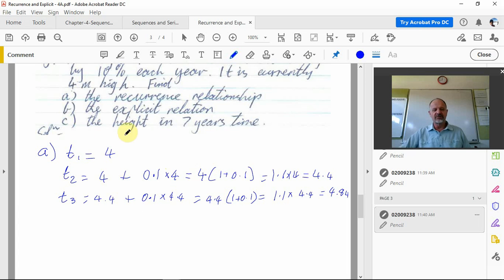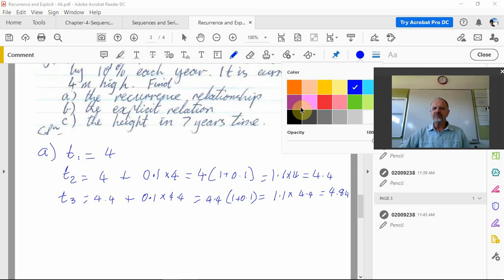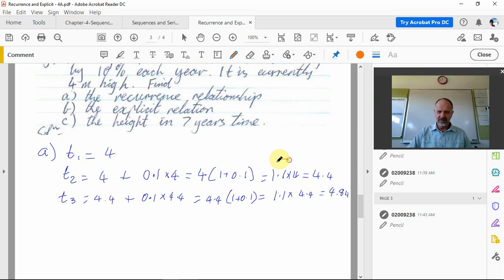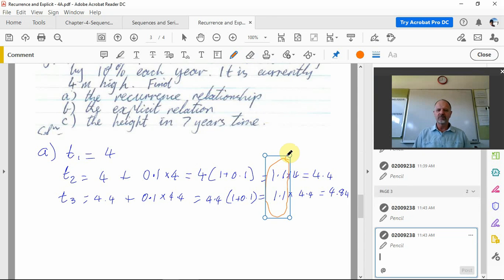Sorry, I'm losing my train of thought. So instead of going through here like I've done and expanding all out, what sort of pattern is there? Well, when you look at this and see what sort of pattern it is, you'll notice that in this bit here, there's a 1.1 there.